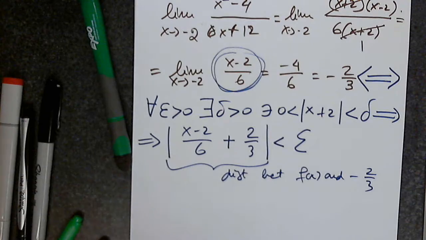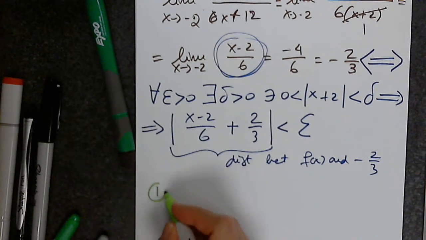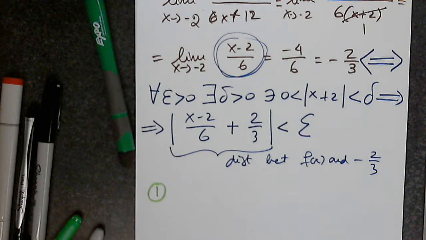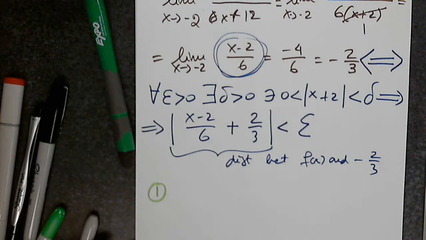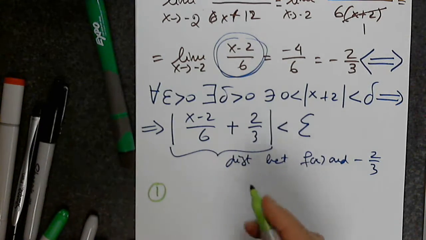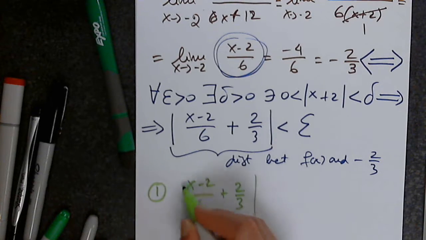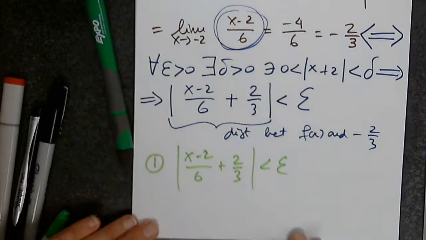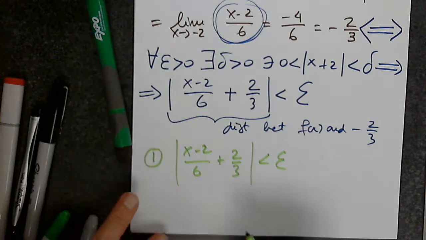Okay, where do I start? Where is the starting point? The distance between f of x and -2/3. Exactly, that's my starting point right here. Perfect. So x minus 2 over 6 plus 2/3 in absolute value less than epsilon. What do I do? Very good, excellent.